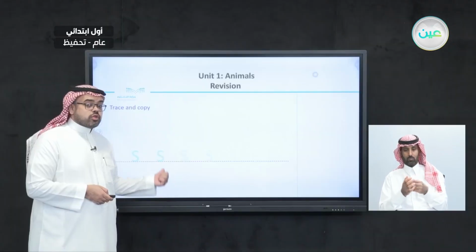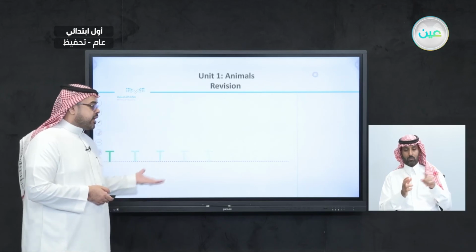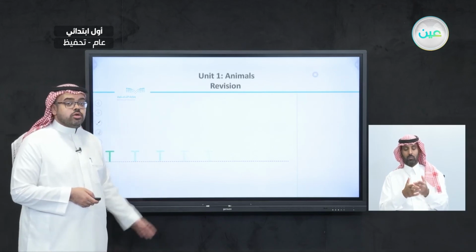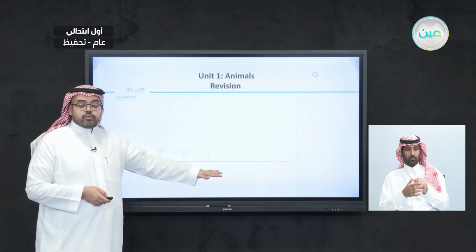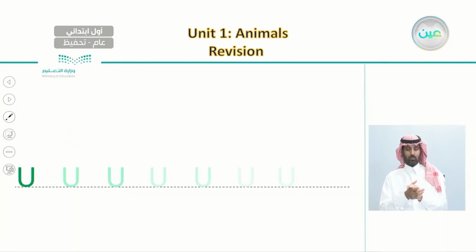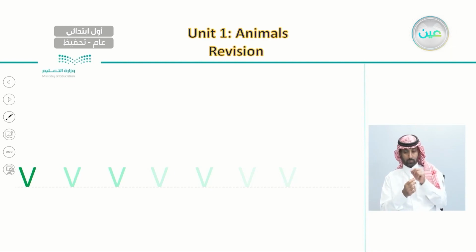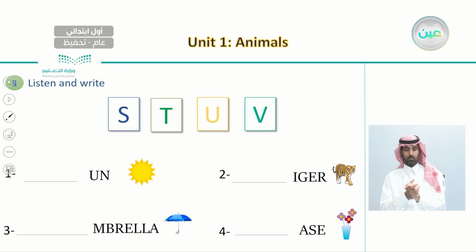We started with the letter S and then the letter T where we traced and also copied the letter T, and also with the letter U we traced letter U and copied it at the end, and finally with letter V we traced letter V maybe 3 to 5 times and then copied it at the end. And the last exercise we have is just to remind ourselves of the words of these letters.